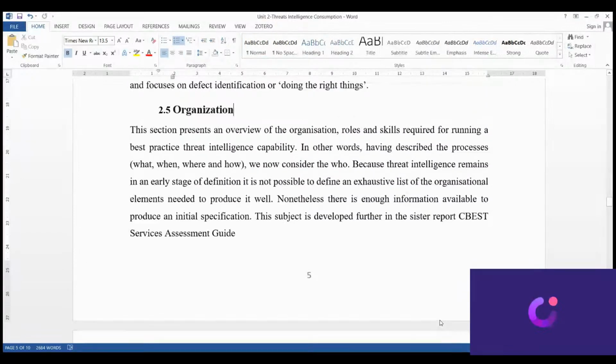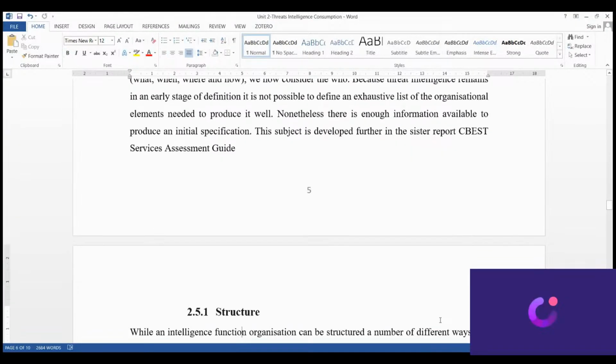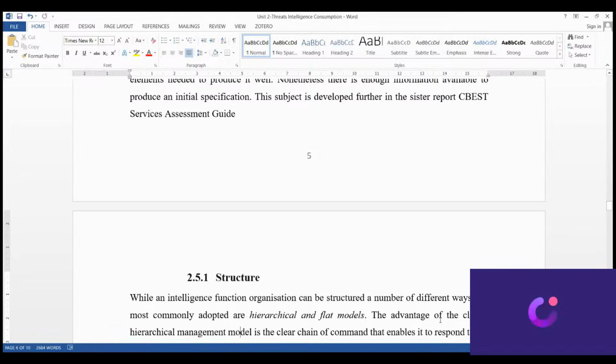So under the organization, we have what we call the structure. That is the first item. An intelligence function organization can be structured in a number of different ways. The most commonly adopted are the hierarchical and flat models.